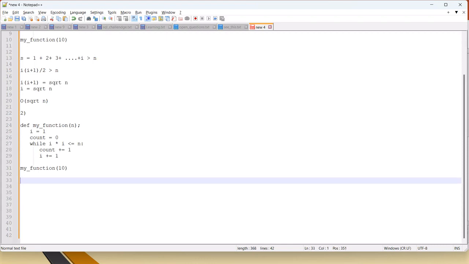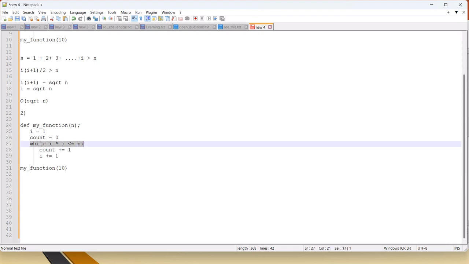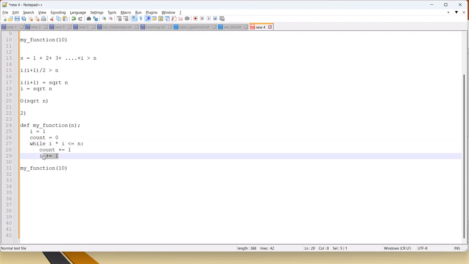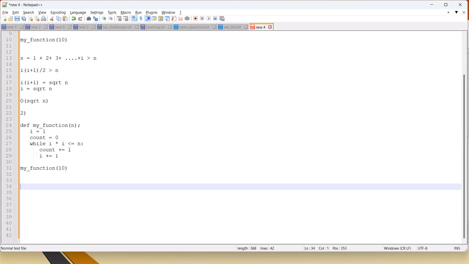Now let's analyze what will happen in this. The loop continues while I square is less than or equal to n, and in each iteration I is incremented by 1, correct? Now if you notice, the loop stops when I square is greater than n.